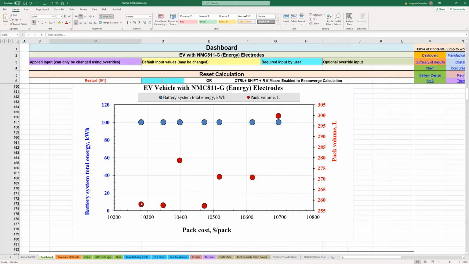And it's going to have a pretty close range in cost, $10,000, give or take, or let's say $10,500 plus or minus 200. And the volume's not going to change too much. Actually, yeah, the volume goes maybe from 260 liters all the way up to 300.